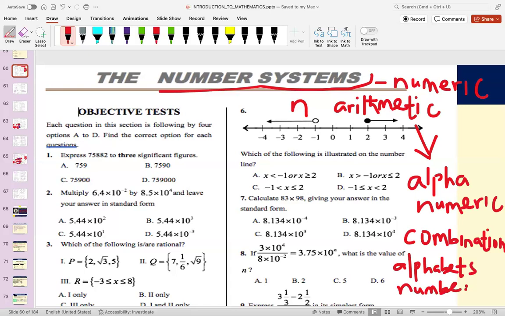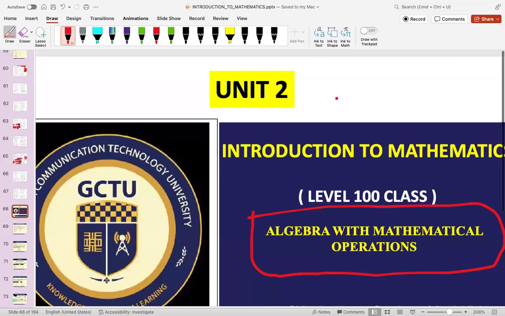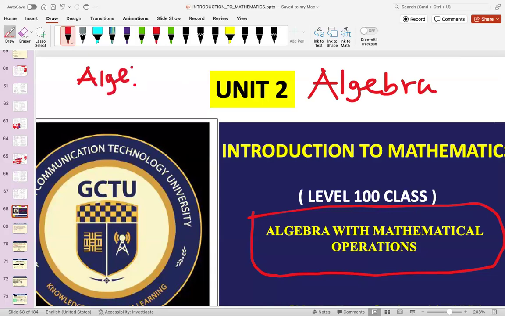And when you have such situations, we call it algebra. So today we will encounter algebraic expressions. Algebraic expressions means expressions that have numbers and alphabets.